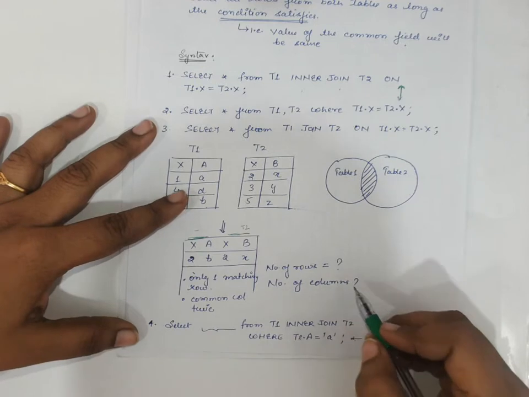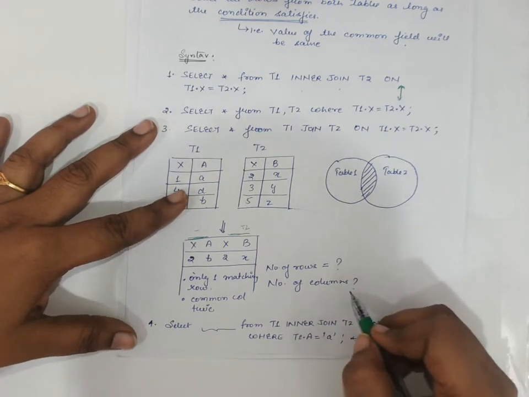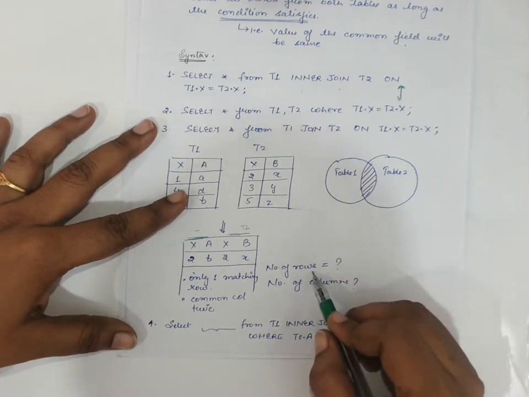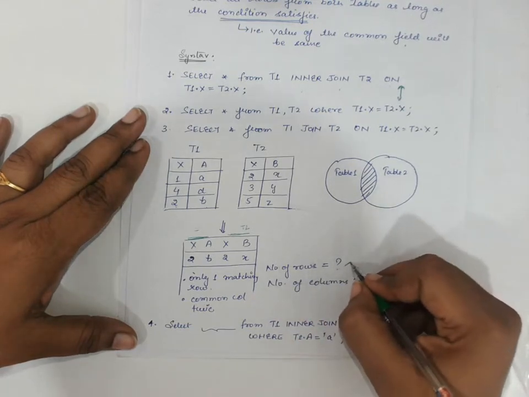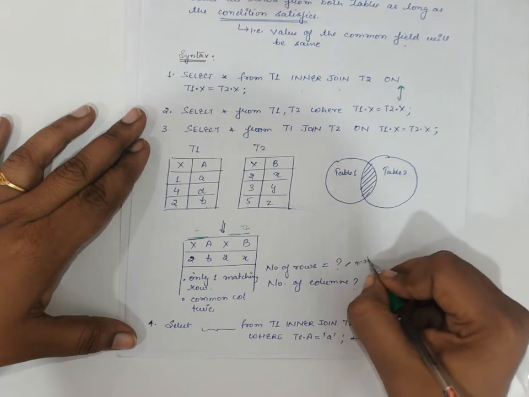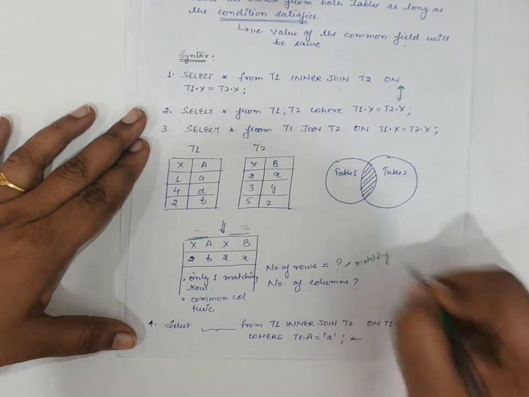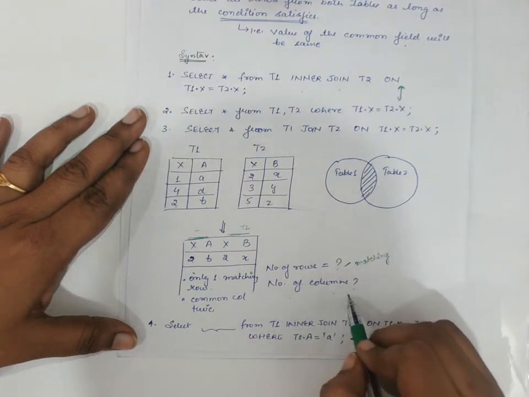So how many rows and how many columns will be returned? The number of rows will be equal to the number of matching common column values. It depends on the matching values. But how many columns will be returned? It obviously depends on the projection, how many columns you are actually projecting.